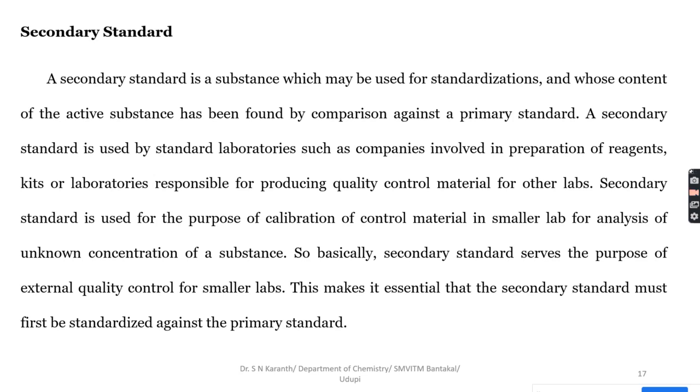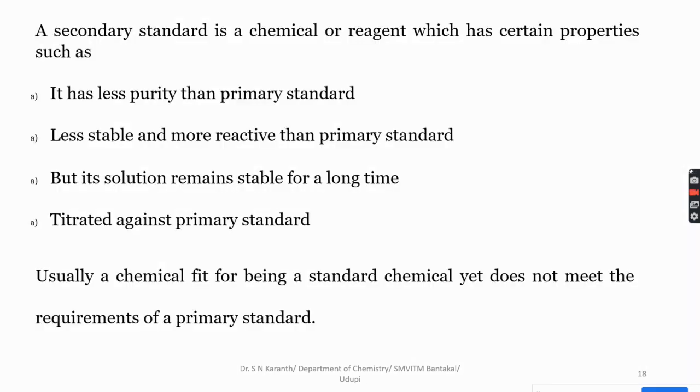The secondary standard is used for calibration of control material in smaller labs for analysis of unknown concentration of a substance. In the same way as primary standard solutions, there are certain properties that a secondary standard solution should possess.